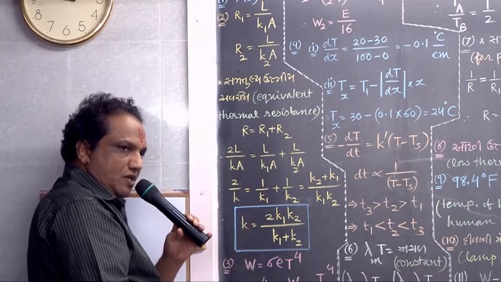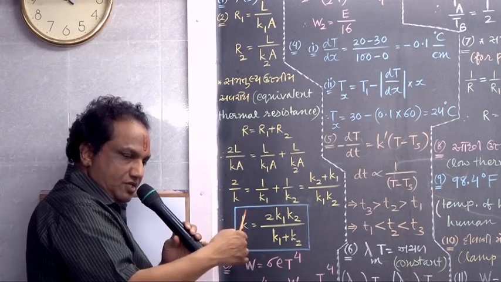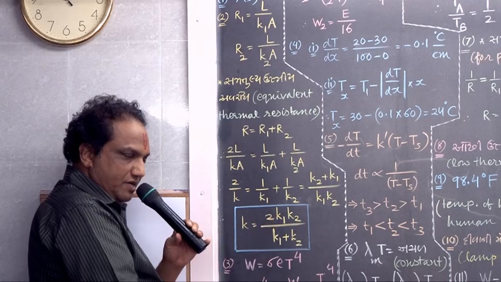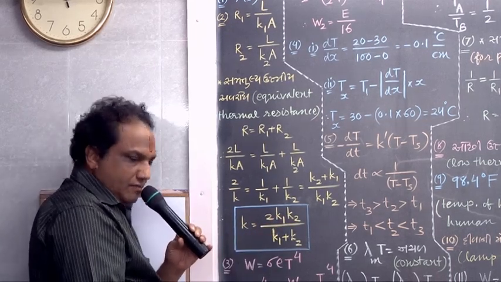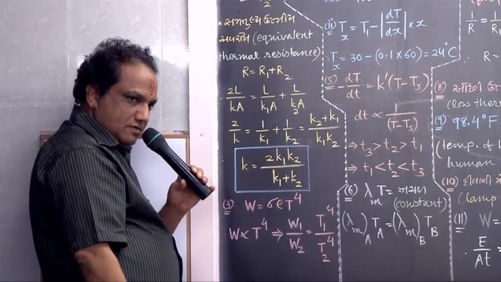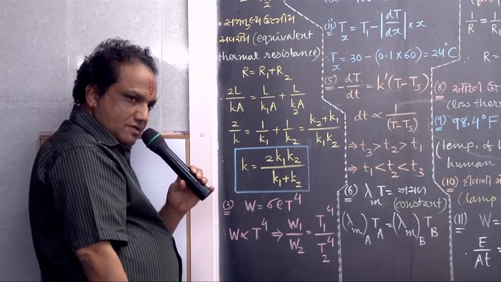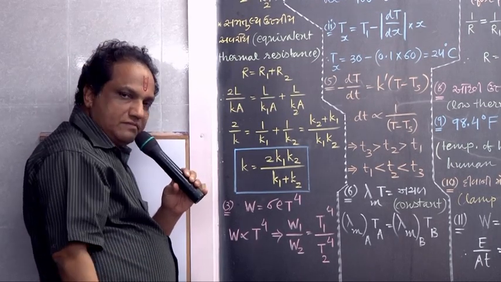Suppose you are talking about 3 slabs. In general, for 3 slabs, what do you write here? 3 K1 K2 K3 upon K1 plus K2 plus K3. Just replying blindly without thinking anyway.